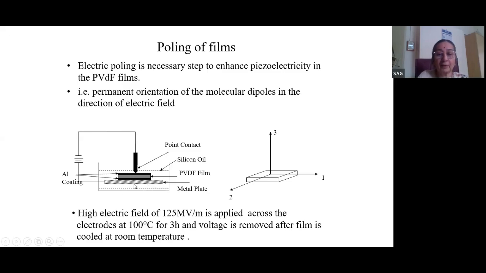This was a holder for the PVdF film for electric poling. We applied a high electric field of the order of 125 megavolt per meter across the electrodes at 100 degrees centigrade for 3 hours, and the voltage was removed after the film was cooled to room temperature.